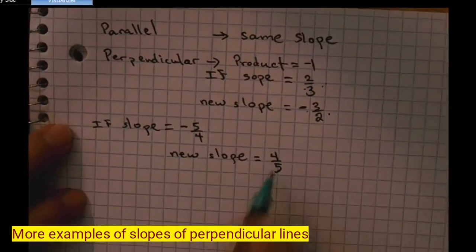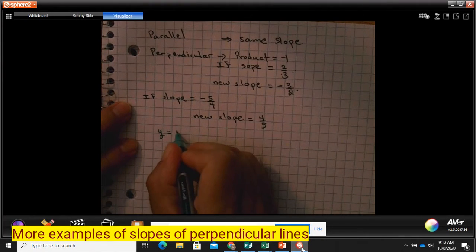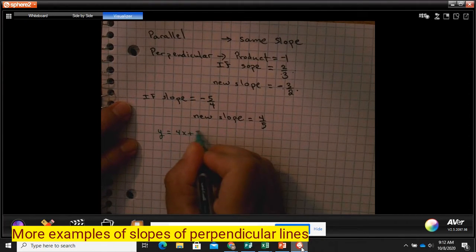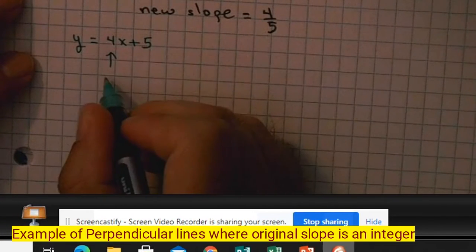The issue that I see most students having with this is not with y equals 4x plus 5, because that's the easiest way to find the slope.